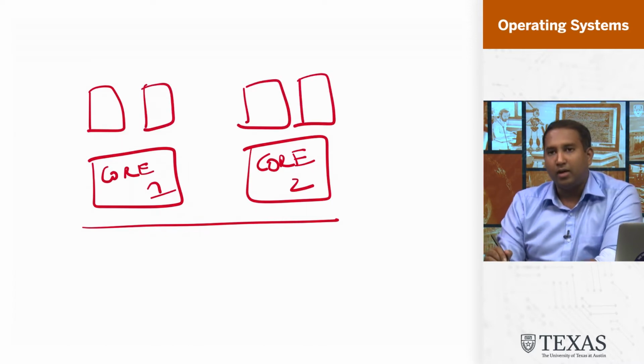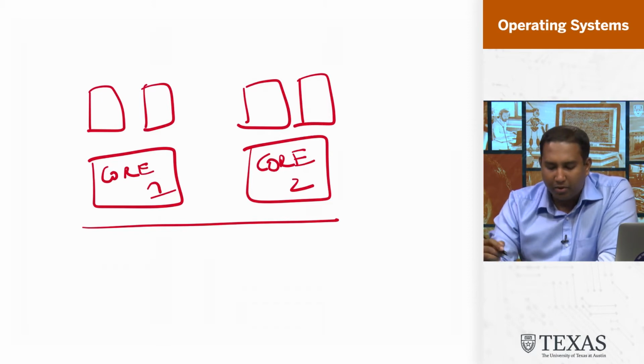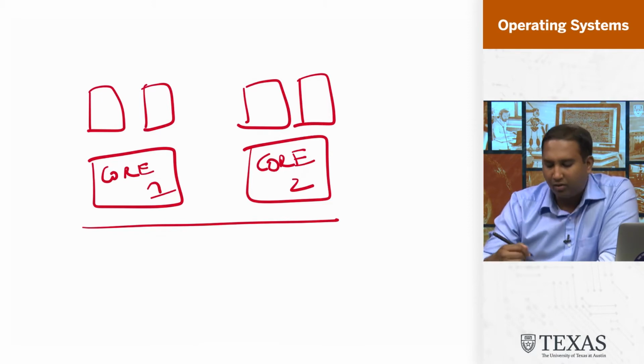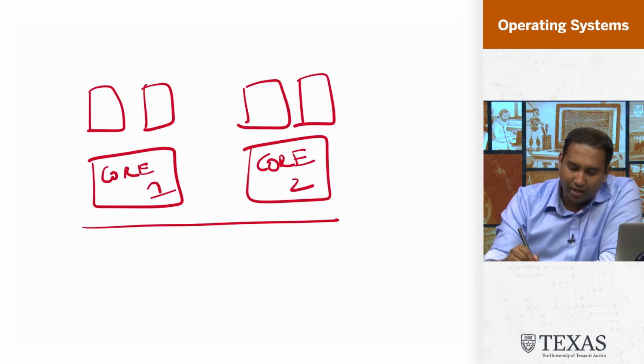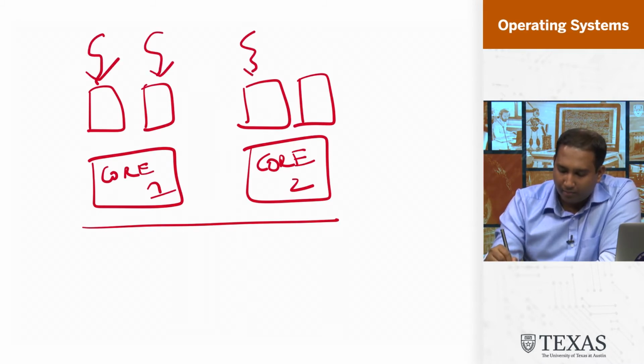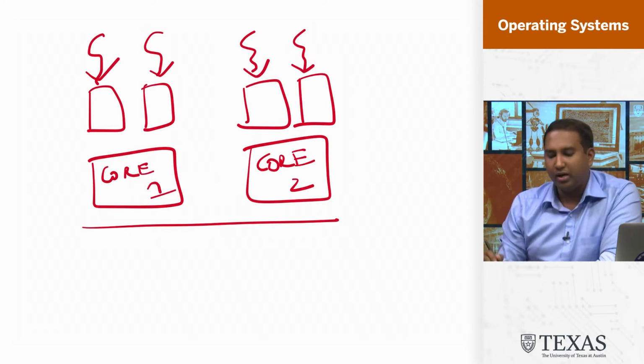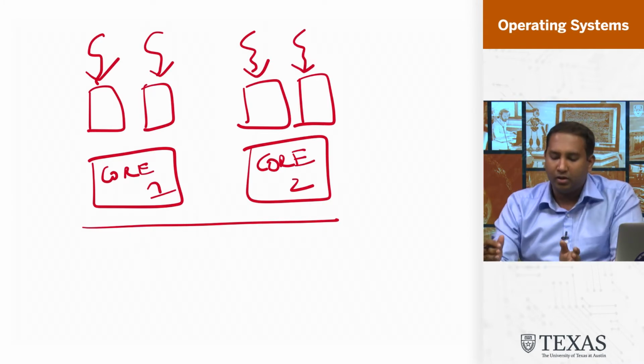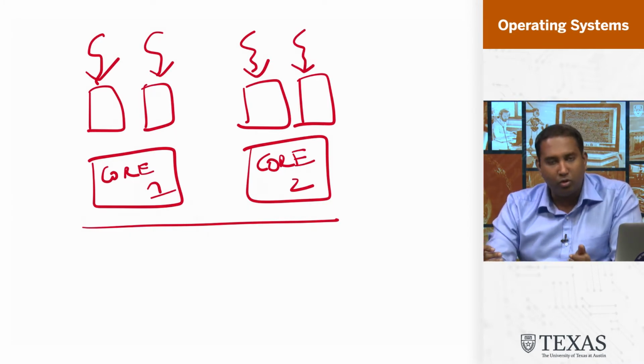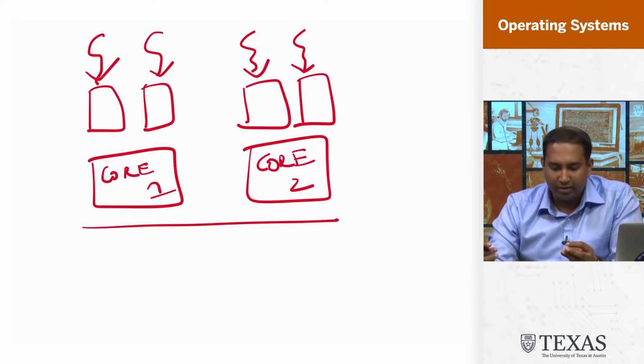The way to think about this is that a processor, or a hardware thread, is capable of running a thread at one point of time. In this setup, you have a 2-core processor, and each core has 2 hardware threads, so we have 4 hardware threads total.